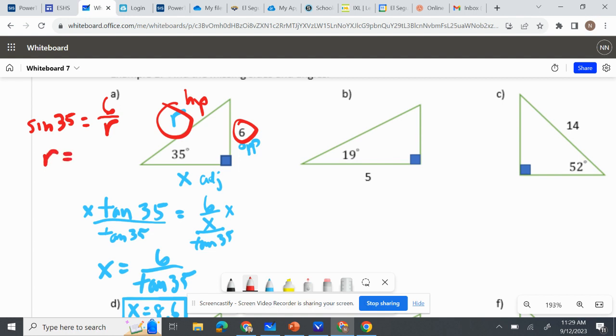We're multiplying each side by r, and then we divide by the sine of 35 in order to get the variable by itself. So depending on your graphing calculator, I'm going to go 6 divided by sine of 35, and that gives me 10.5.